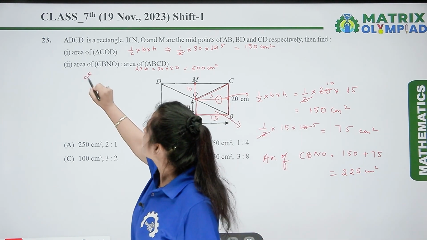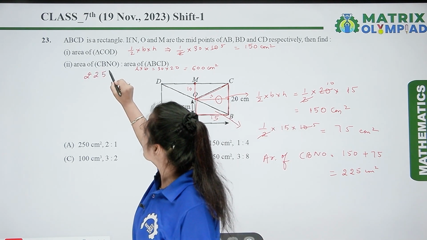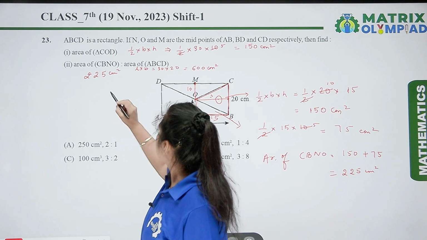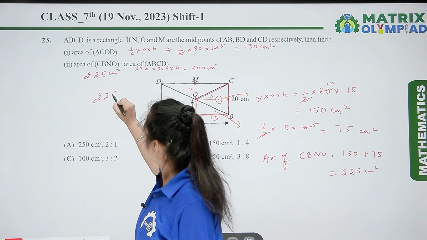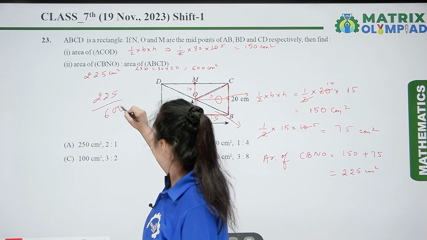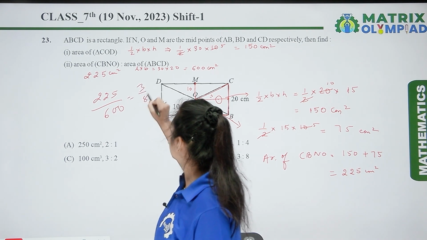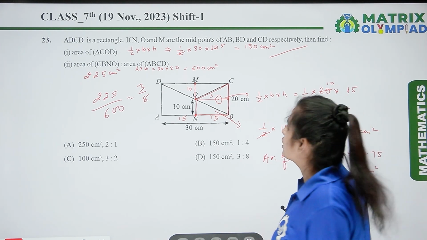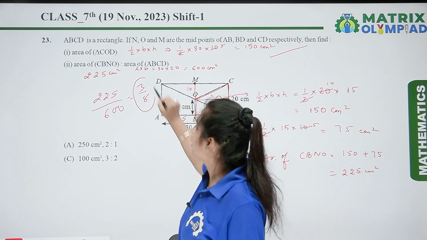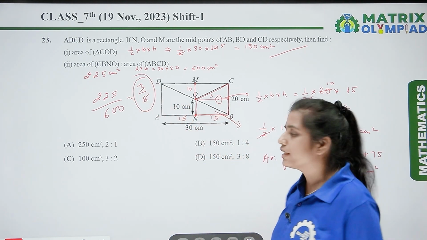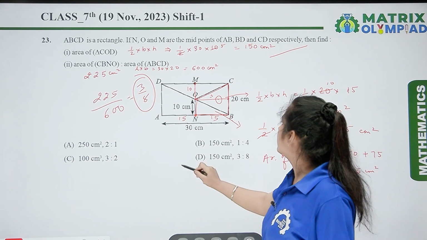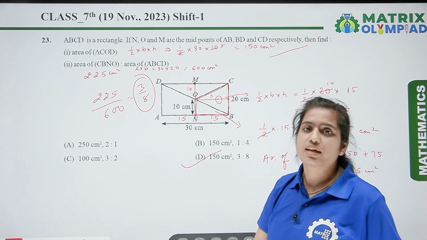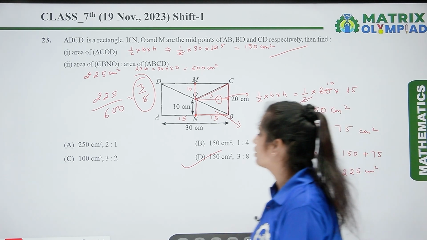Means here the area is 225 centimeter square. So ratio will be 225 upon 600, that is equal to 3/8. So first area is 150 centimeters square and the second one is 3 upon 8. So here option D is the correct answer for this question.